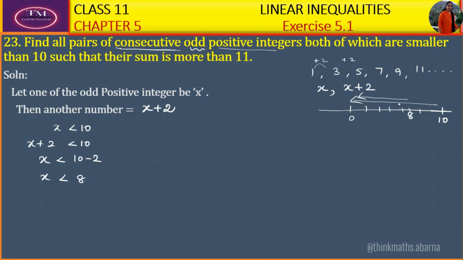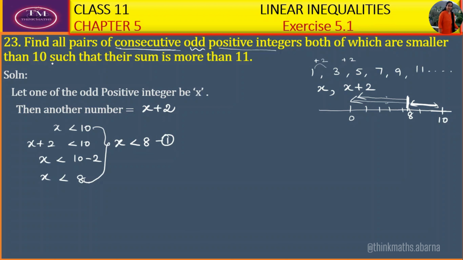So which is common here? The common area is less than 8, where both conditions are satisfied. So these two together become x less than 8. This is the first inequality.